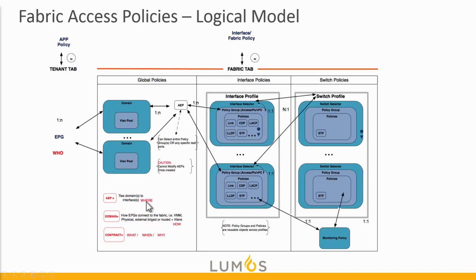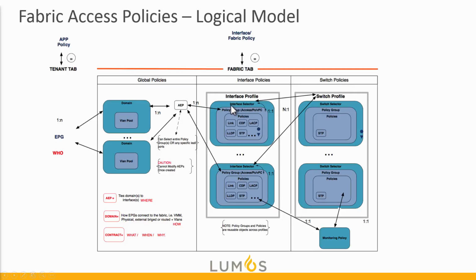So the AEP is where we find out who is attaching to our network and how, which is the VLAN pool. We'll talk more about the other stuff a little bit later in the next module. Okay, so again, the AEP denotes where we're attaching, which means a particular interface, which is linked to a particular switch.